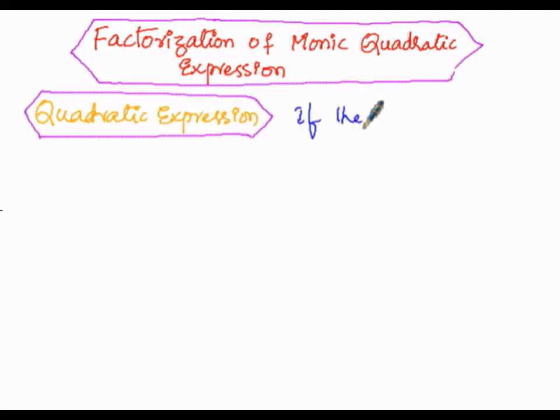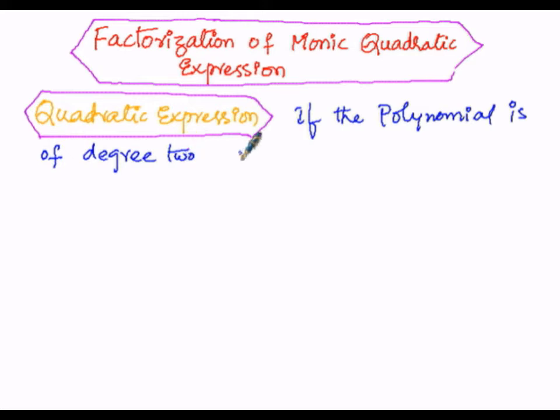If the polynomial is of degree 2, that means of second degree term, for instance say x square, degree is 2 in it, then it is said to be a quadratic expression.